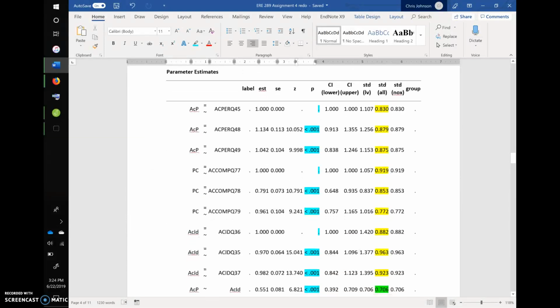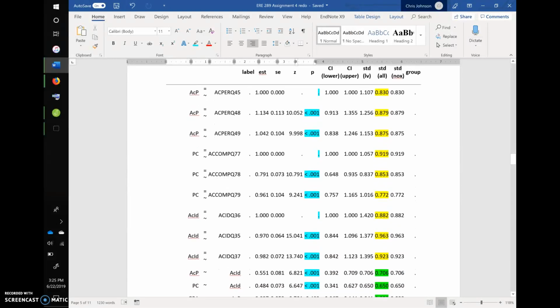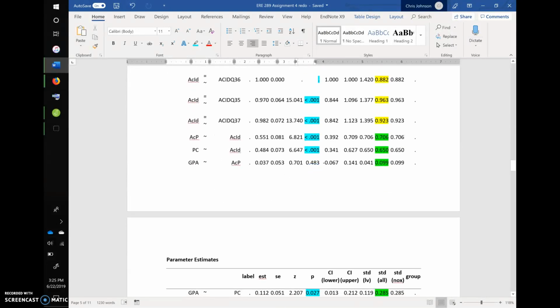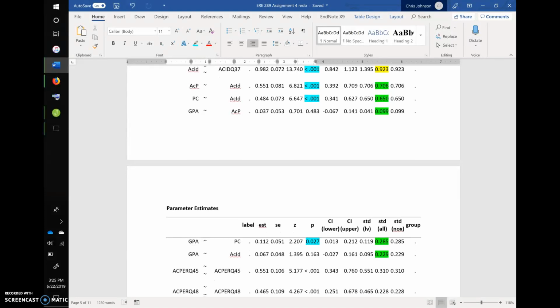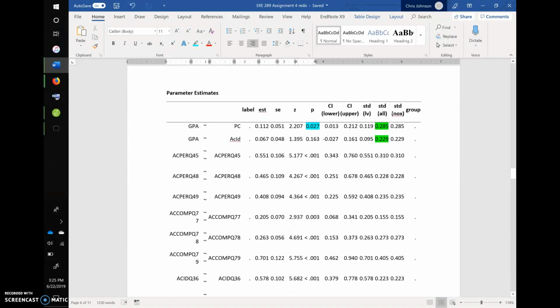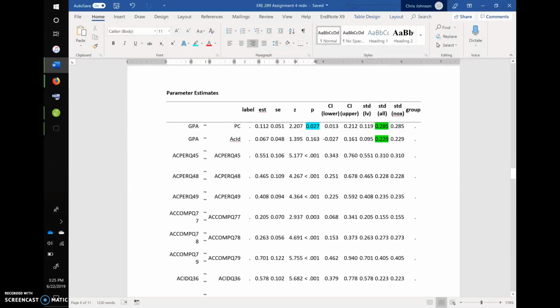Here we go with our chart displaying some of this data. Highlighted, we have our pattern coefficients and our factor loadings, in which we can see the academic persistence was significant, and perceived confidence and academic identity was also significant, and that the GPA and perceived confidence also showed significance.